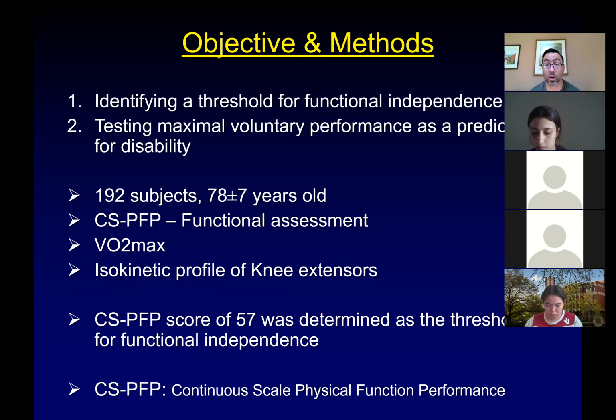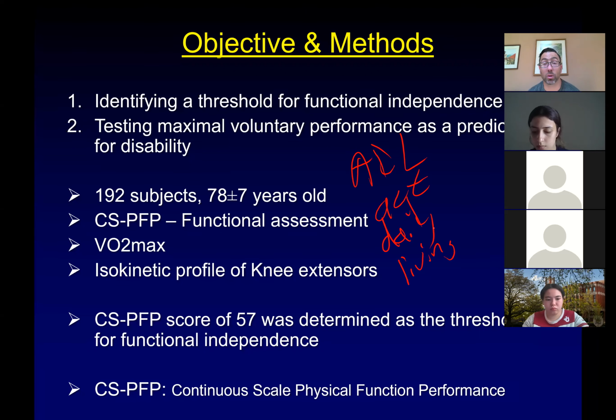We've already talked about this functional VO2 threshold and these functional strength thresholds to perform certain what we call ADLs. An ADL is called an activity of daily living. This is just stuff you do in your everyday life that we mostly take for granted.